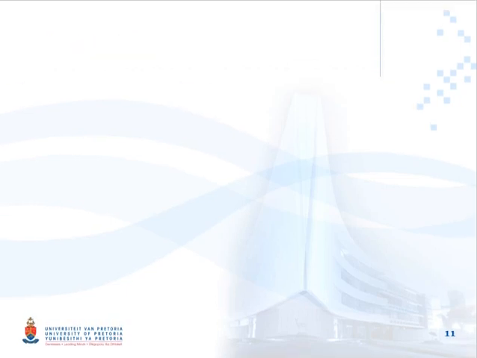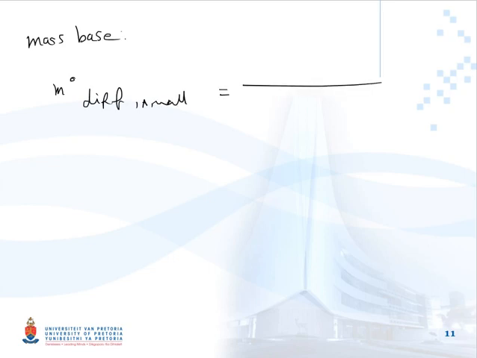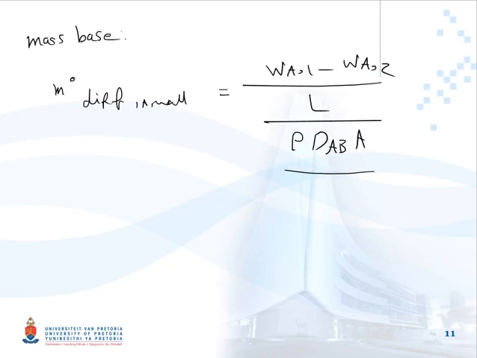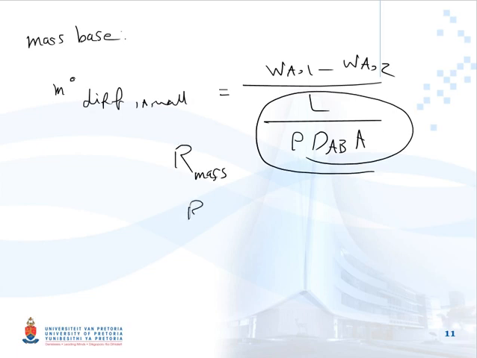So for mass base, we mentioned that m dot is important for us, so m dot diffusion A through the wall. We said that if we write it as driving force divided by resisting force, we can say that it is A1 minus A2 over L over rho dAB A, and we call this one R mass or R diffusion wall.